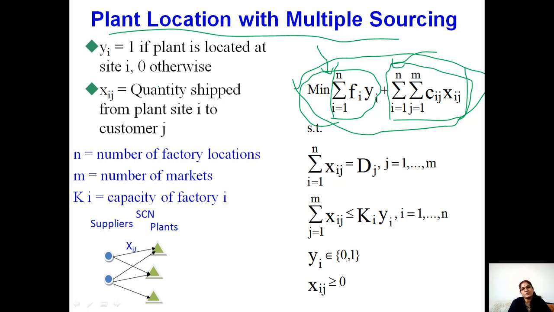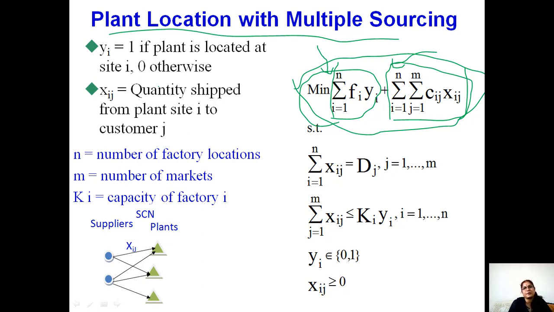It is quite possible that some of the plants may produce, some of the plants sometimes may not produce. Suppose sometimes it so happens that fixed and variable put together of a particular plant is less than the variable cost or the fixed cost of some other plant.